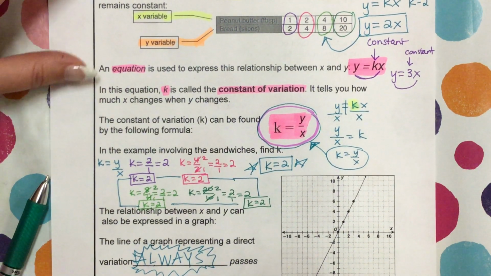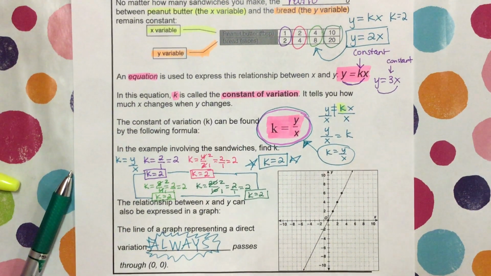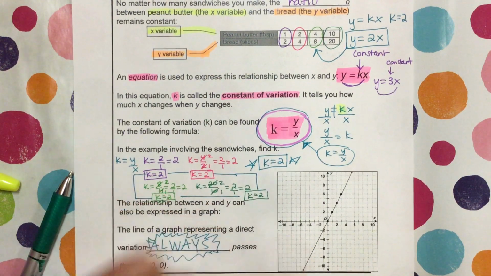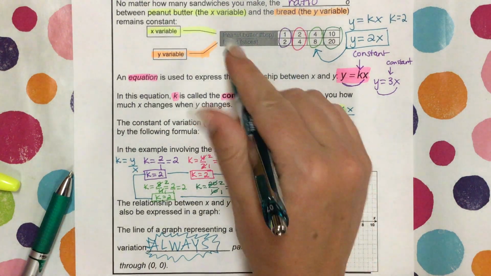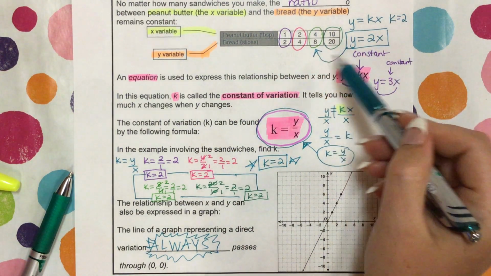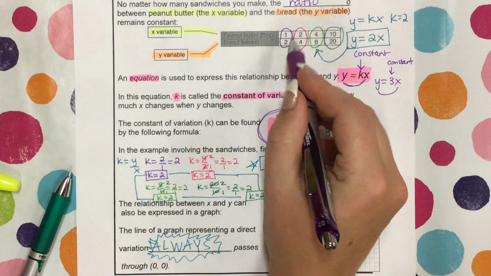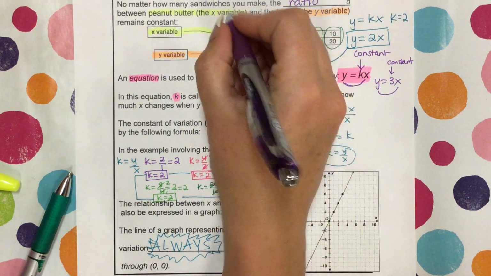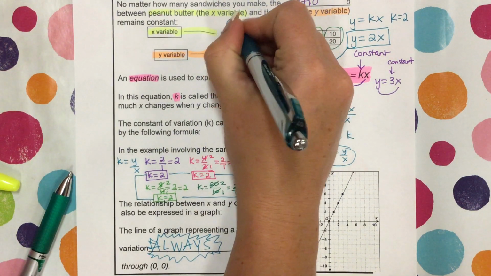So now what we're going to do is express this in a graph. I'm going to zoom out a little bit so I can get this table and the graph in the same shot. Now it's really important that you understand, I mentioned this before, that this table is a different way of representing ordered pairs. And there are 4 ordered pairs here. Remember, an ordered pair is simply x and y.